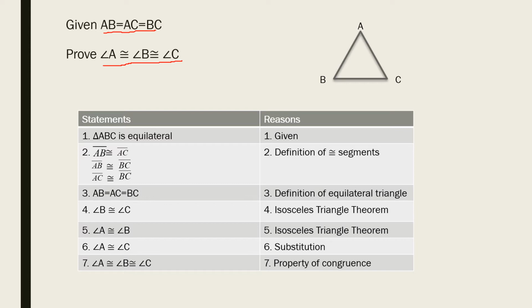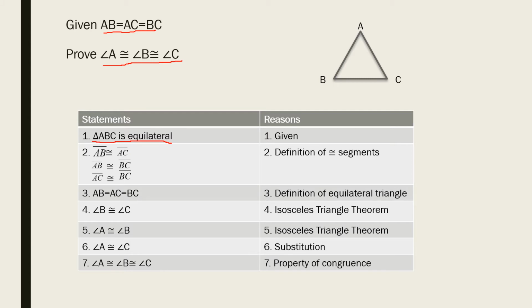Let's start by studying the given. The first statement is triangle ABC is equilateral, and this is by given.